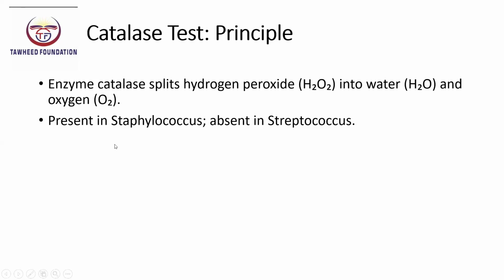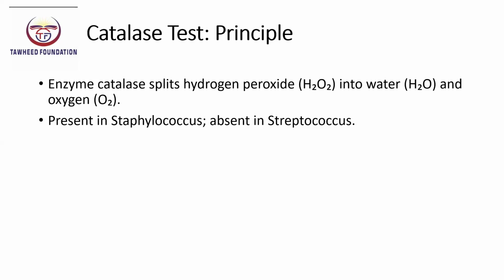The importance is differentiation. This test distinguishes catalase-positive bacteria such as Staphylococcus, Micrococcus, and Bacillus species from catalase-negative Streptococcus and Enterococcus species. It helps differentiate aerobic and facultative anaerobic bacteria from obligate anaerobes.